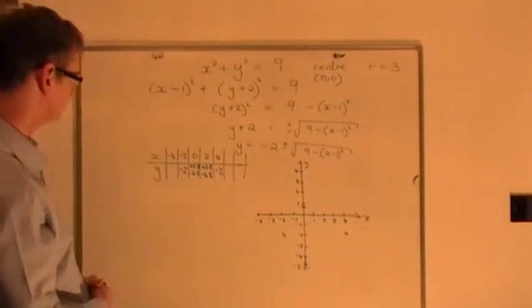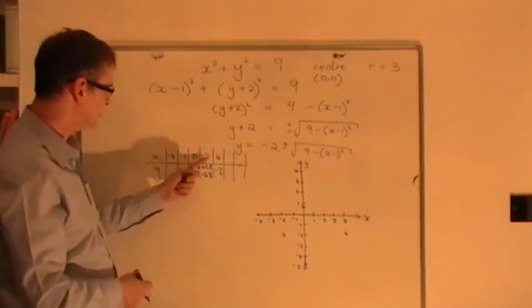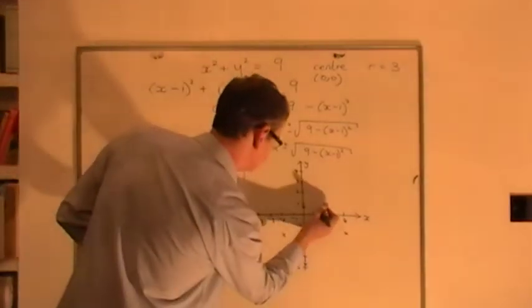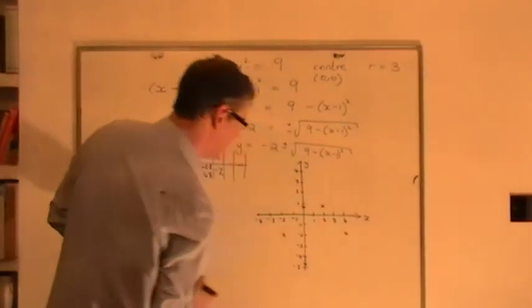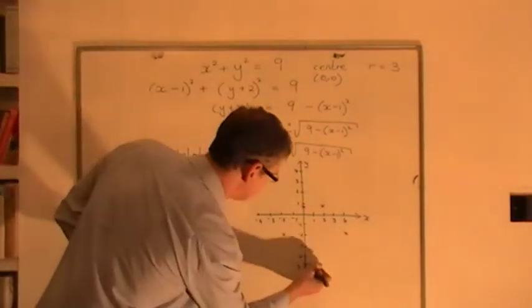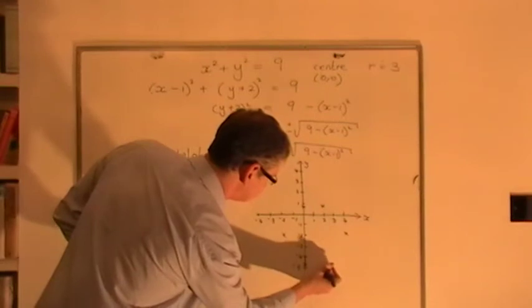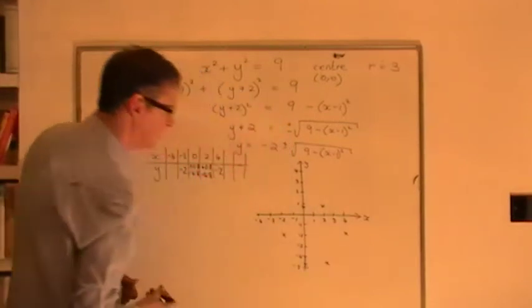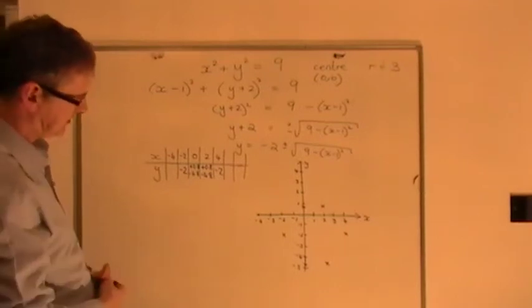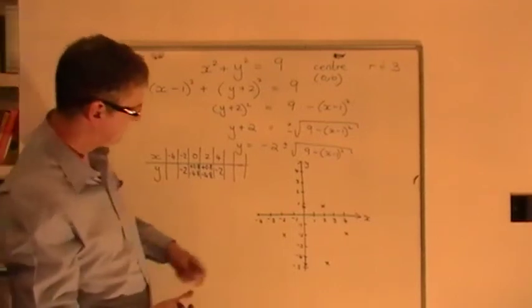Like so. If x is 2, you get plus 0.8. And if x is 2, you also get minus 4.8, which is down here. Like so.